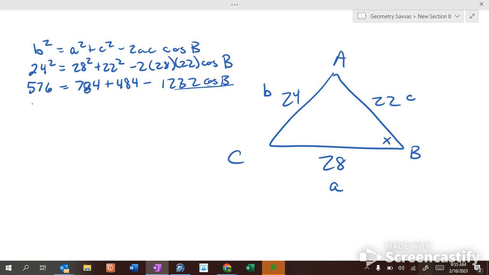So we have to add these two together. So 784 plus 484 is 1268 minus 1232 cosine of B. Again, since this is multiplied, we can't mess with this. So we have to subtract 1268 from each side.